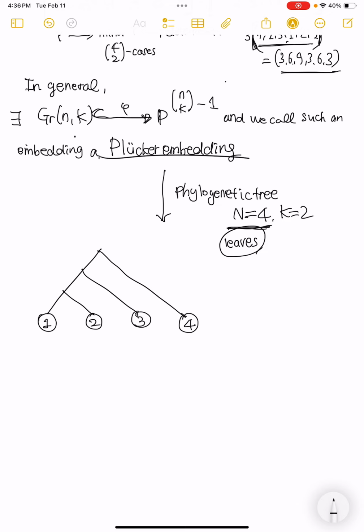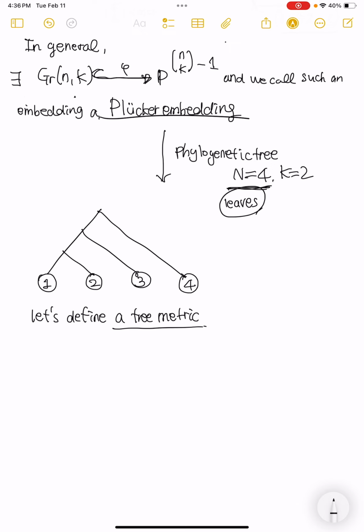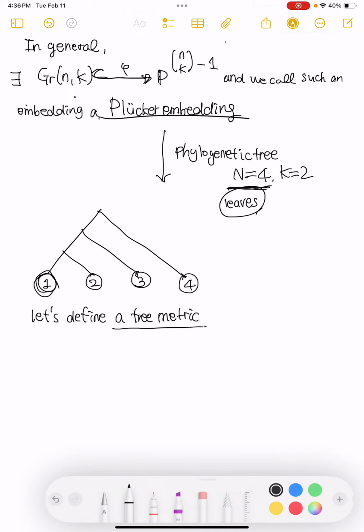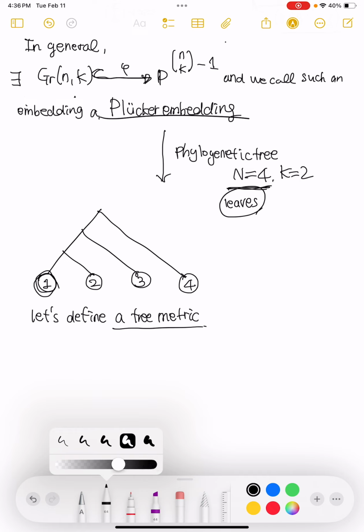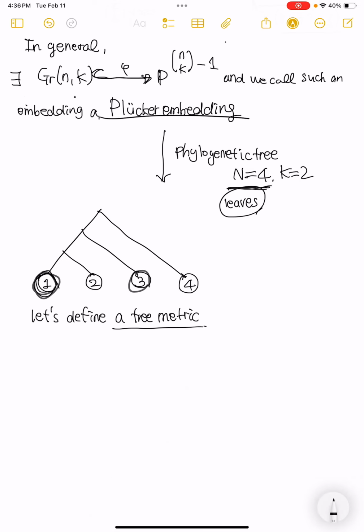If the following phylogenetic tree is given, let's define a tree metric: we just add the shortest path between each pair of species or leaves. For example, from 1 to 3, the shortest path is 1, 2, 3.